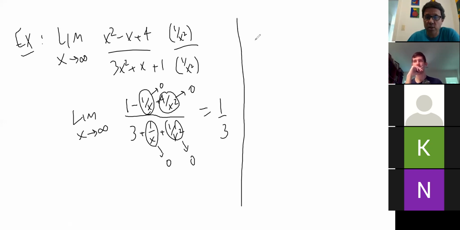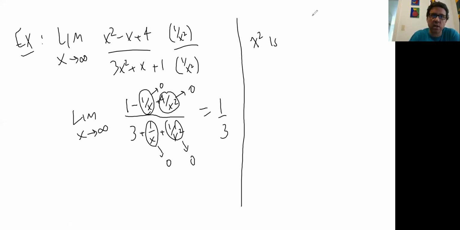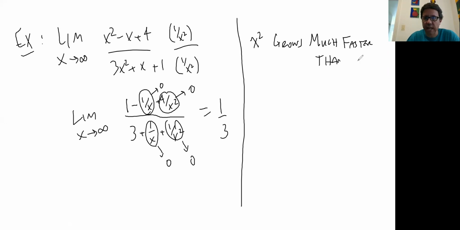The other way is just to say that x squared grows much faster than the negative x and the 1 part. This is a process called dominating terms.